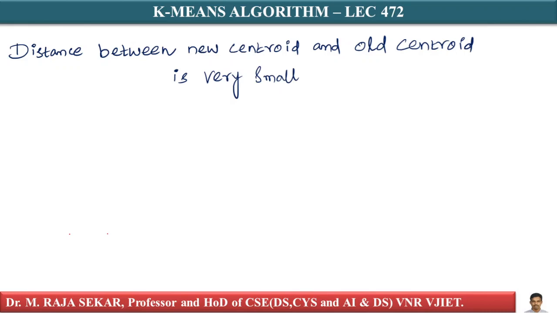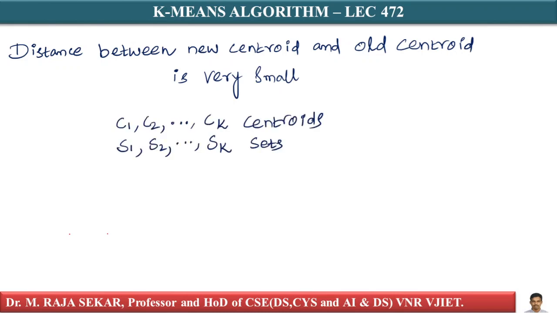So at the end, what do you have? You have your centroids C1, C2, so on, Ck, and the corresponding sets S1, S2, so on, Sk. This is what you have at the end.